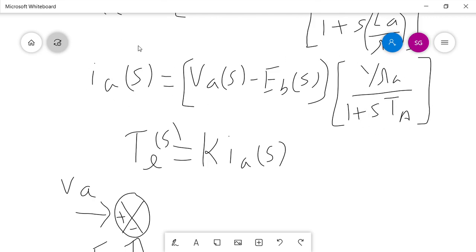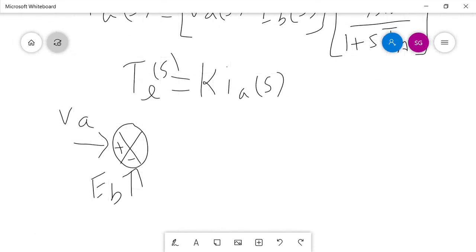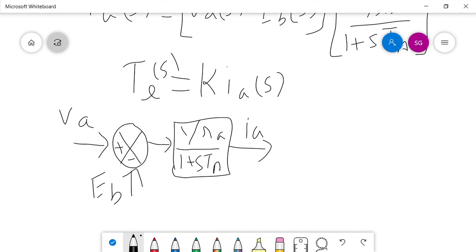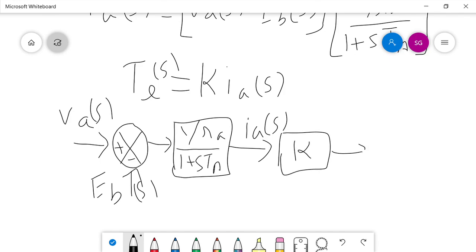This will give the current, IA. What is that gain? That gain is 1 by RA upon 1 plus S TA. So this will be IA(S). Okay, this is VA(S), this is EB(S). So this IA(S), if multiplied by your machine constant, what will this give? This will give your electromagnetic torque.